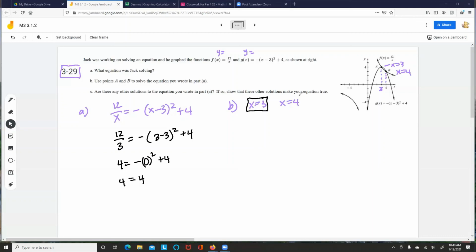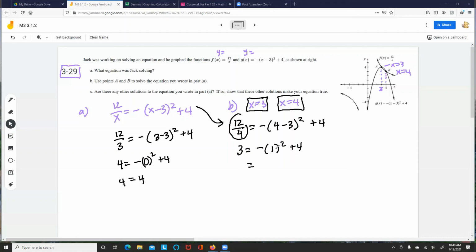So now let's check x equals 4 by plugging it into here. 12 divided by 4 equals negative 4 minus 3 squared plus 4. Okay, so 12 divided by 4 is 3. 4 minus 3, that's 1 squared times negative 1 plus 4.